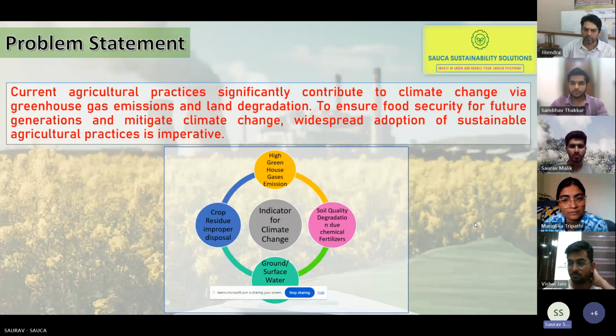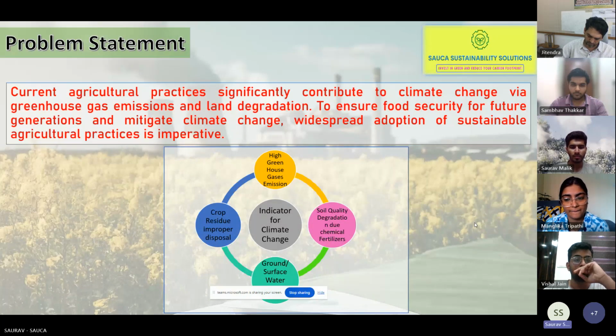Now, everybody is aware of greenhouse gas emissions, which are contributing to climate change, and land degradation, which is also a major cause of climate change. If we fix this issue, we will ensure food security for the future generation and might mitigate the climate change.